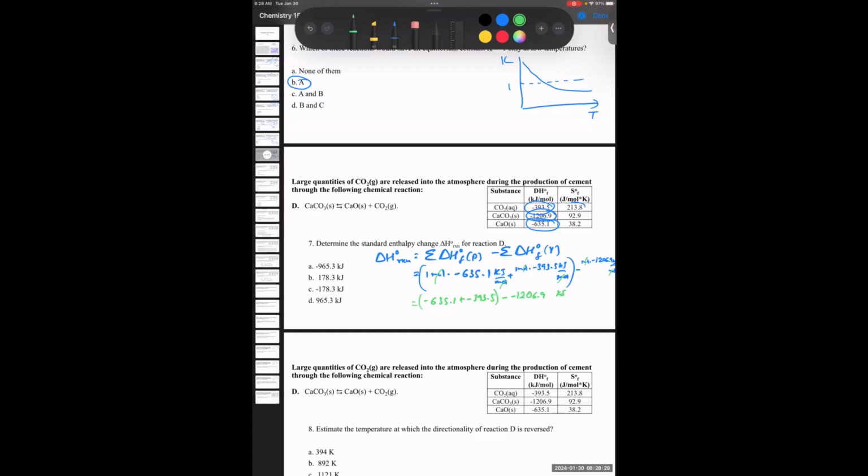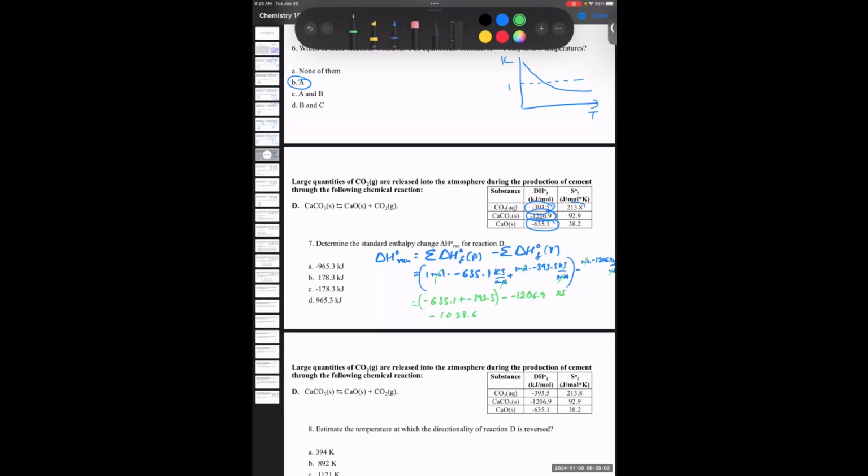All right, if you add these up, 635 plus 393 is about 1028.6, I think, without a calculator.